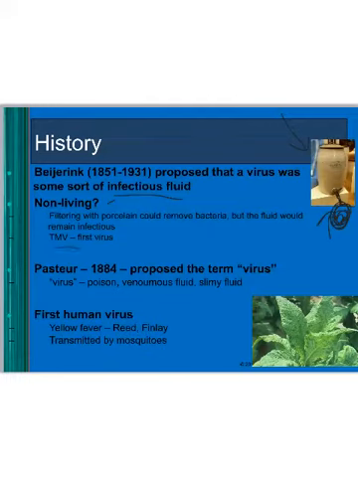One of the first viruses that they found was tobacco mosaic virus. Here's a plant with symptoms of it. It causes parts of the plant tissue to yellow. It's pretty economically significant to tobacco farmers, so a lot of money has gone into it because of the tobacco industry.